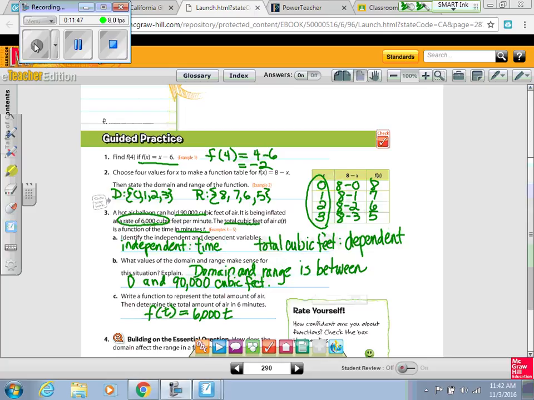And then it asks us to determine the total amount of air in 6 minutes. So f of 6 is equal to 6,000 times 6, which is 36,000 cubic feet.